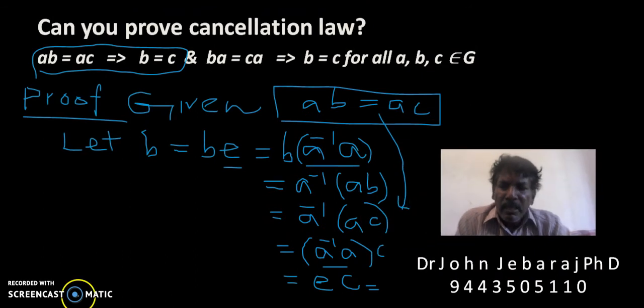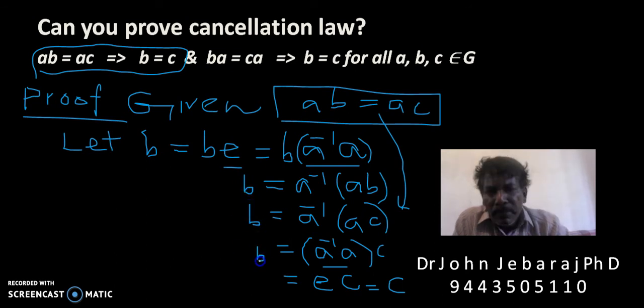So E operated with C is equal to C. Now what we see here is that this is exactly equal to B. So B equals this, and B equals this, and B equals C. That's what we have to understand.